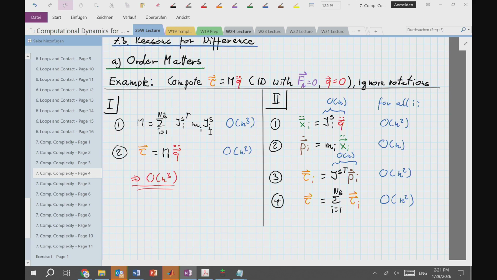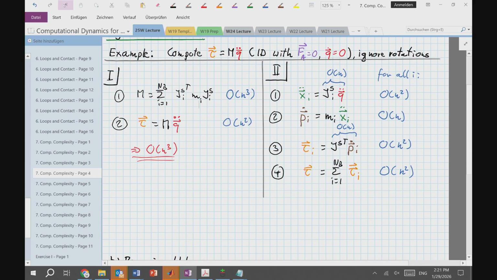So I would go jk with another for loop. What's the overall complexity of the stuff on the right-hand side? N squared, right? So it's just the maximum. So this is order n squared.